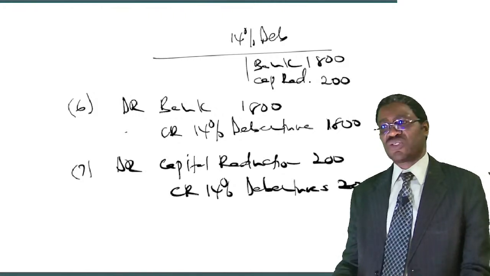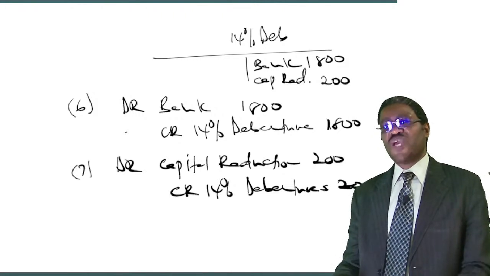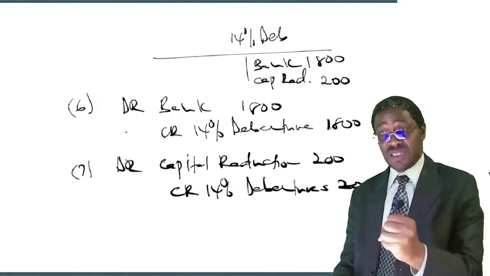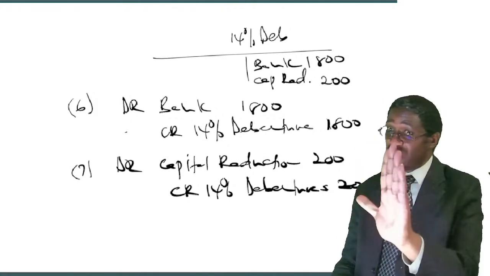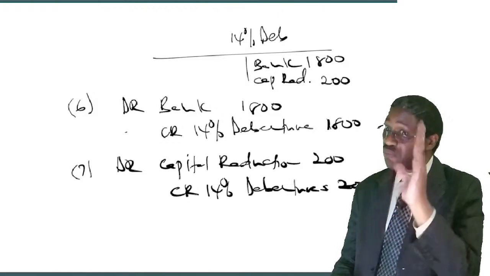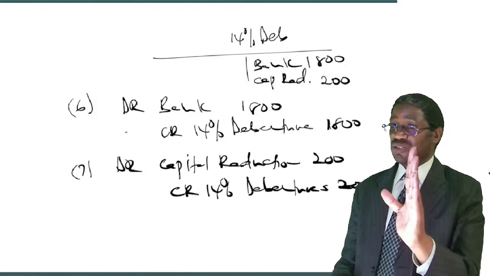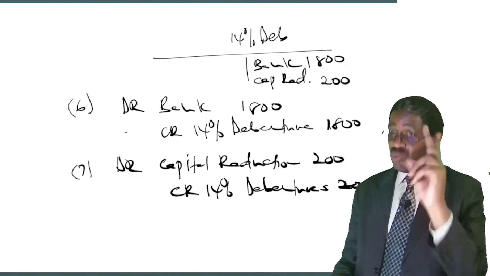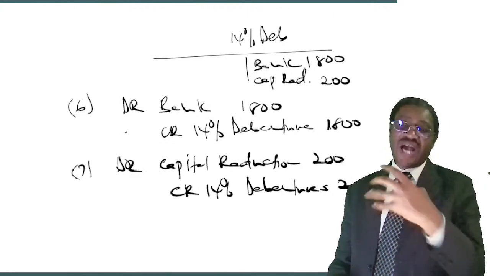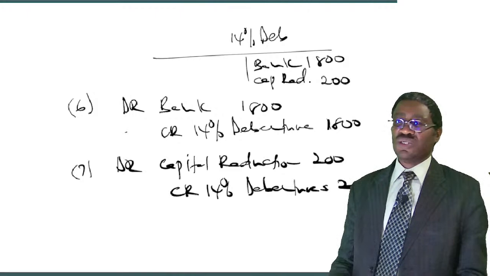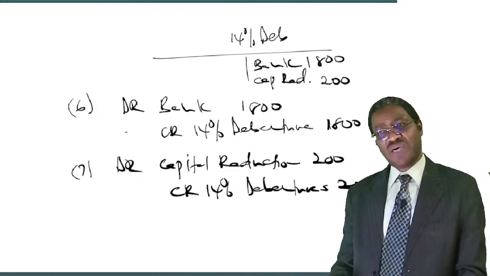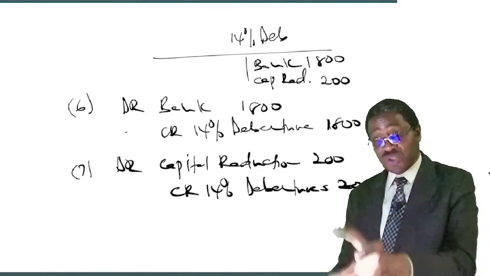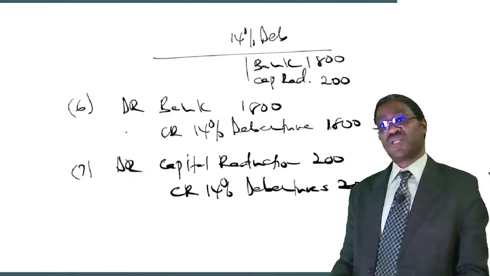Yes, it's a loss, because we are receiving less than we ought to receive. You owe the debenture holders 2 million, the nominal, but what you received was 1.8. So to us as a company, it's a loss, and any loss in the process of reconstructing that company must go to the capital reduction account.